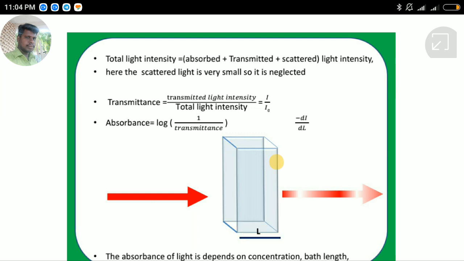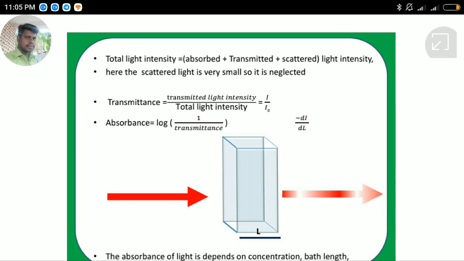This is one of the cuvettes. The length is L. Here we have a homogeneous solution. We pass the initial intensity, some of the intensity is absorbed and some is transmitted.